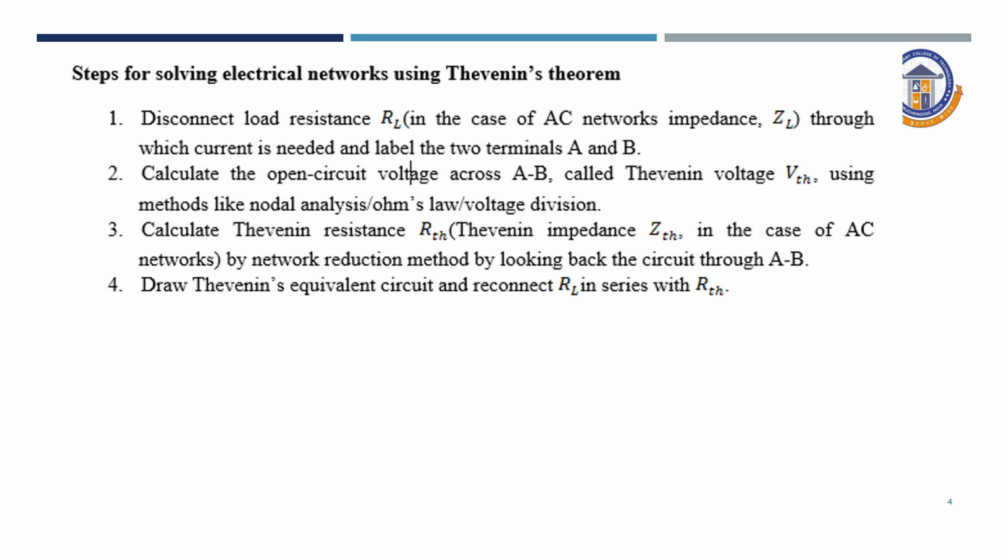Here are the steps we follow for Thevenin's and Norton's theorem. As we know, in both Thevenin's and Norton's theorem we replace the entire circuit with a single source connected with a single resistance.